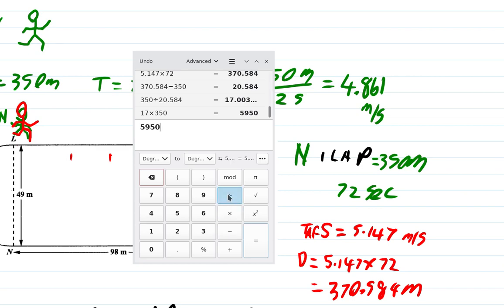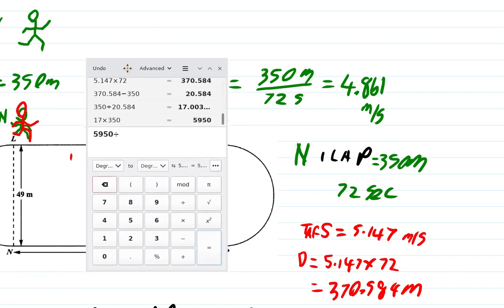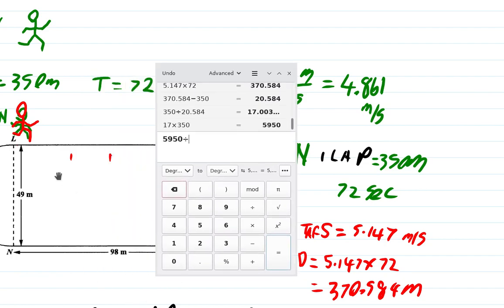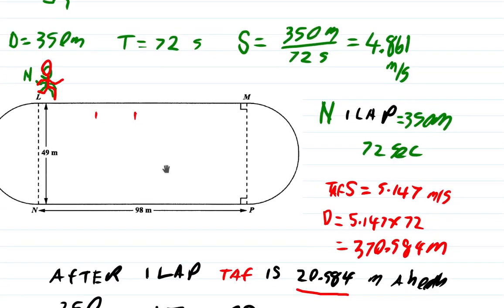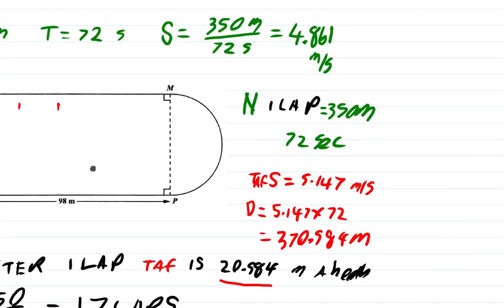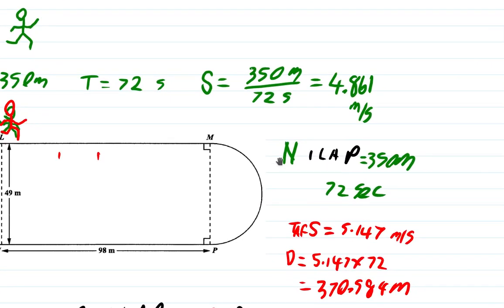This distance over the speed. What was the speed of each of them? Tafari's speed would have been 4.861.